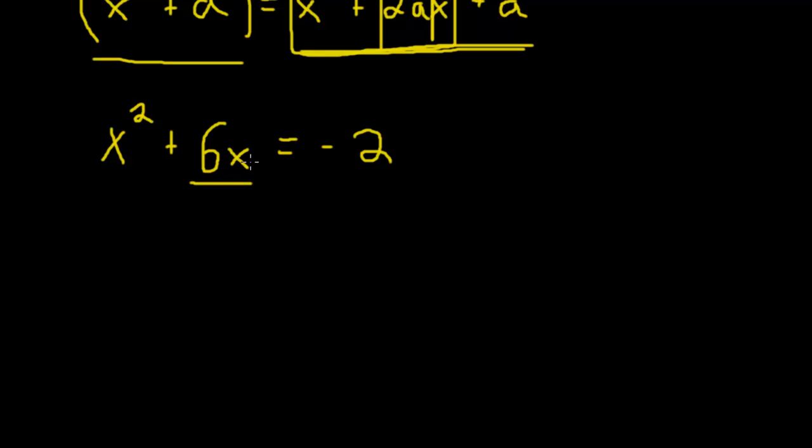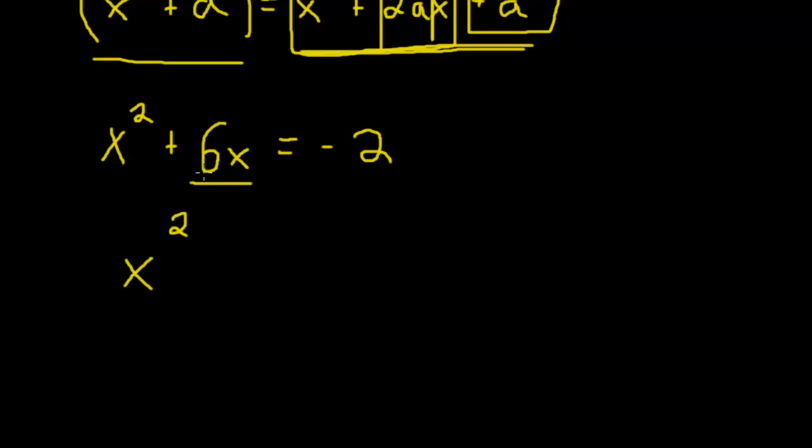So this 6 is comprised of two numbers, 2 and a number represented by a. What we want to do is find that a number so we can put it right here, and we add it to the equation and we square it.